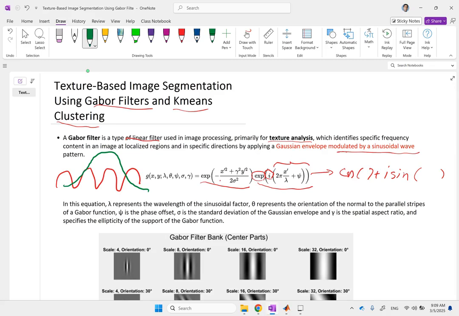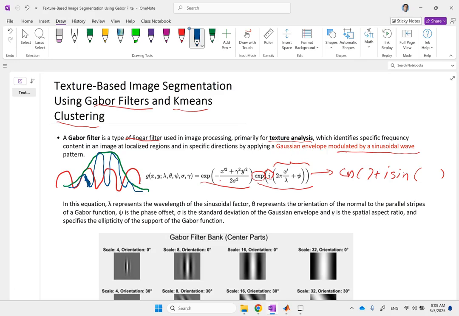When you put that there, these two will get a bigger weight, these other ones will get a smaller weight, and you get something like this. So a sine wave modulated by a Gaussian, or the other way around, the Gaussian modulated by a sine wave.